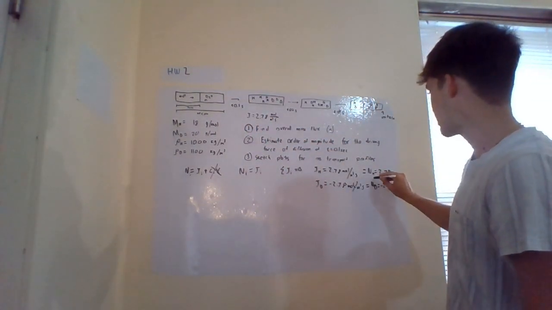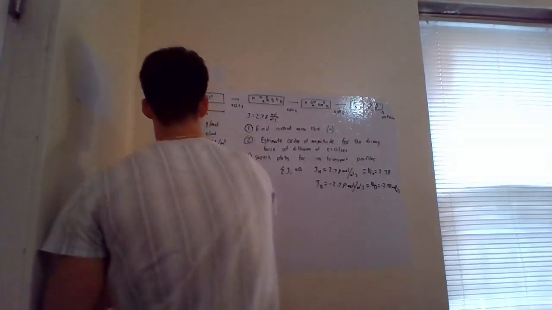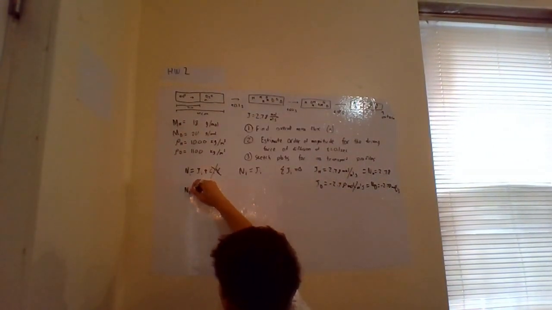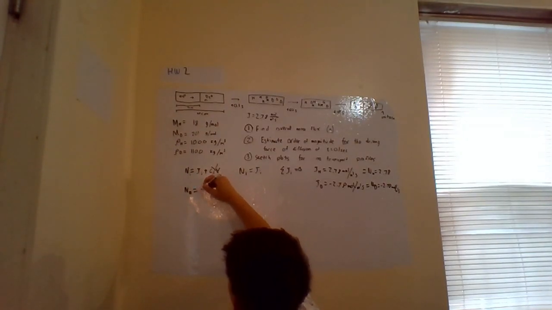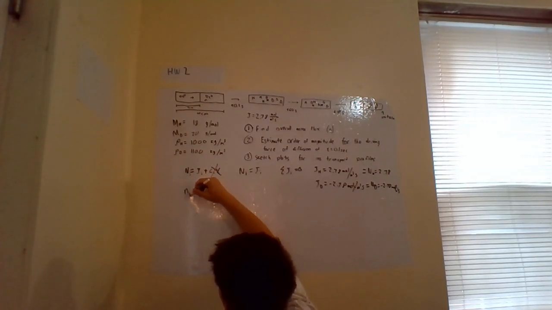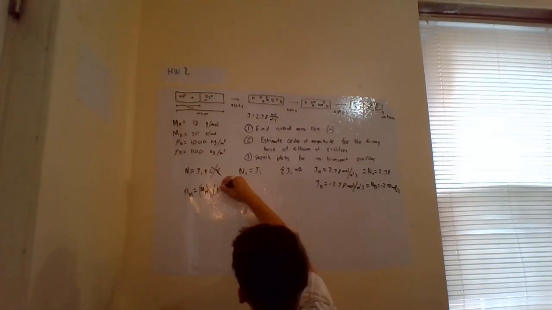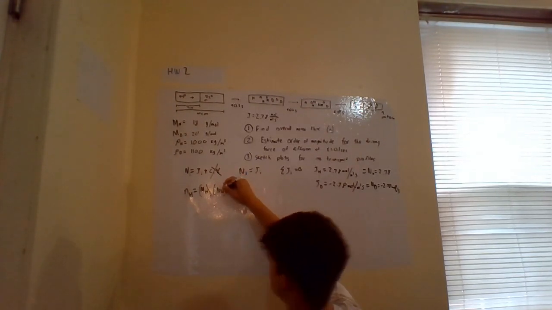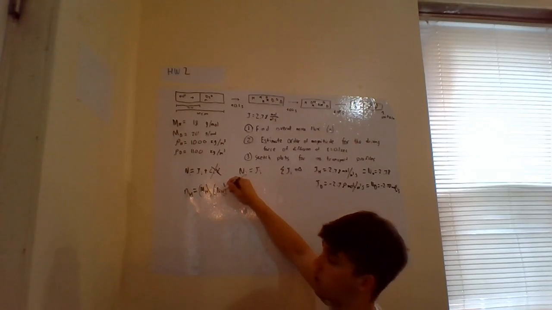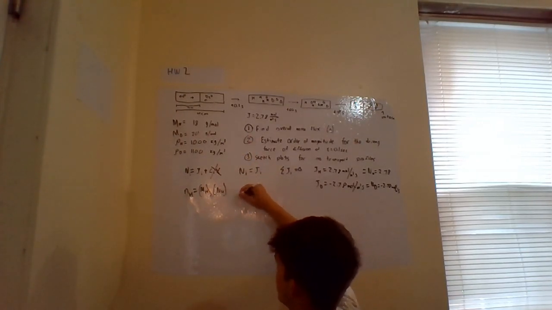So to transfer the molar flux to the mass flux, we take n_H is equal to the molecular weight of water times capital N_H, the molar flux, because the moles are going to cancel out in the units.